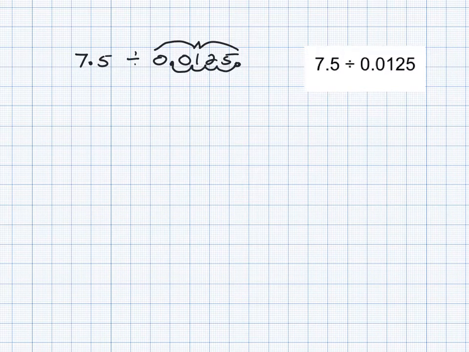So 4 times I need to move that. Well, to make the division work out correctly, if you move the divisor decimal 4 times, once again it was 1, 2, 3, 4, you have to do the same in the dividend. So you need to move this one 1, 2, 3, 4.